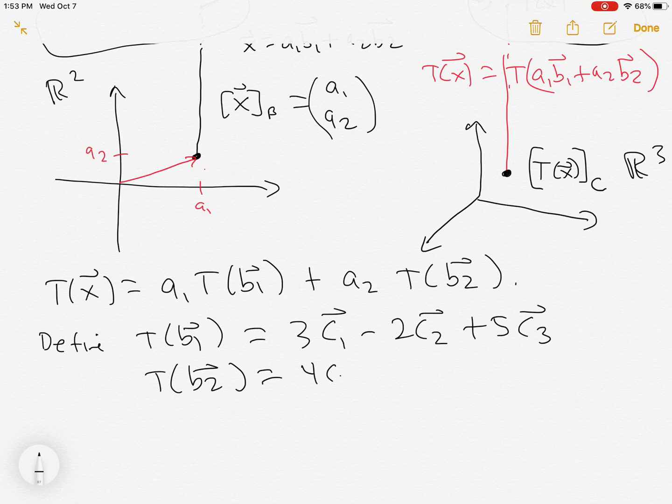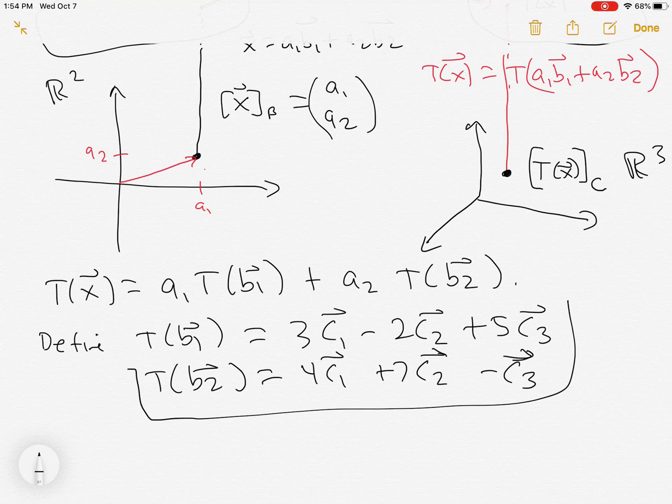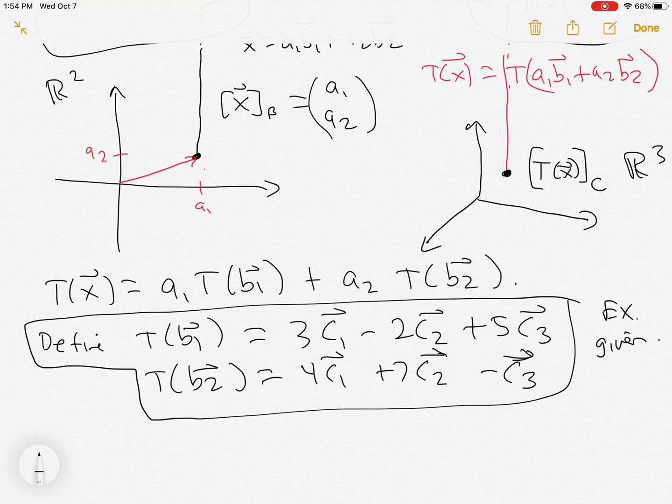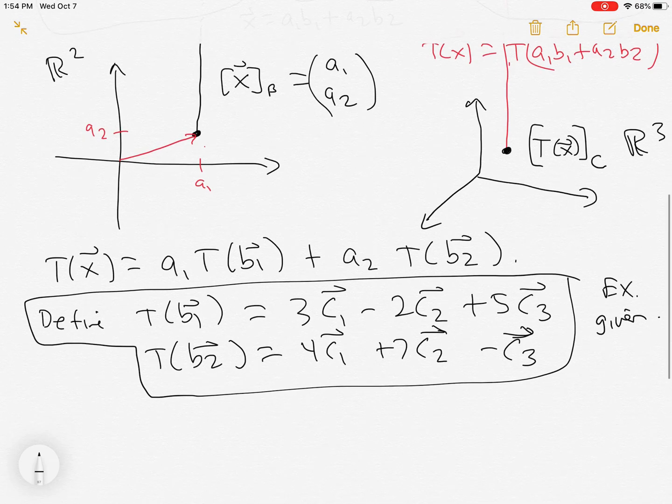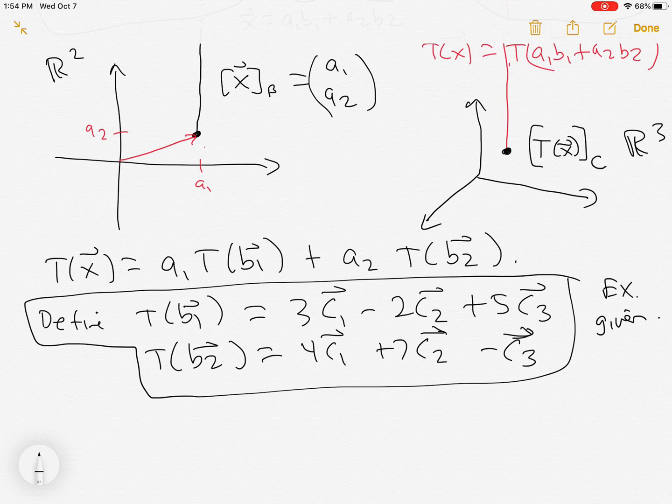T of b2 is 4c1 plus 7c2 minus c3. This is the book's notation. It's a little weird, but I like it. This is given, part of the example.